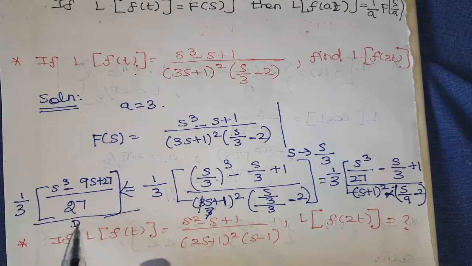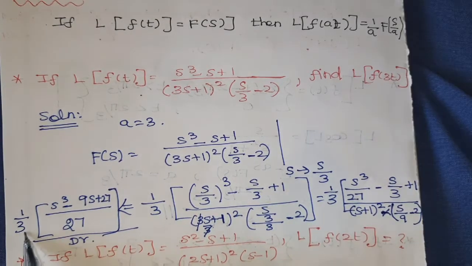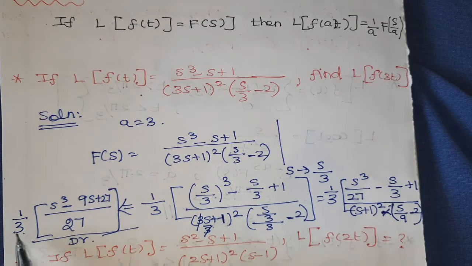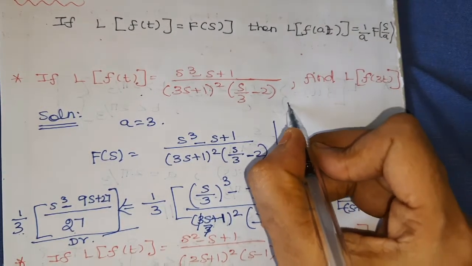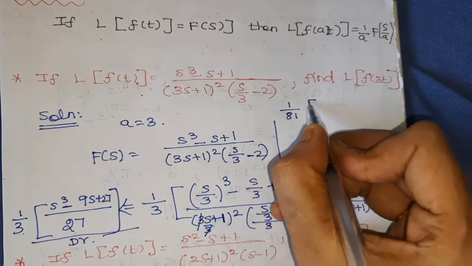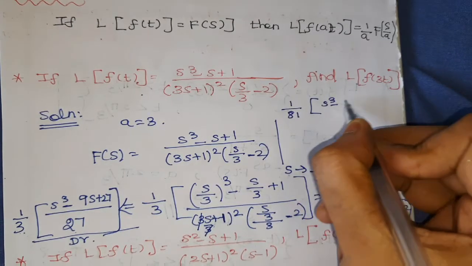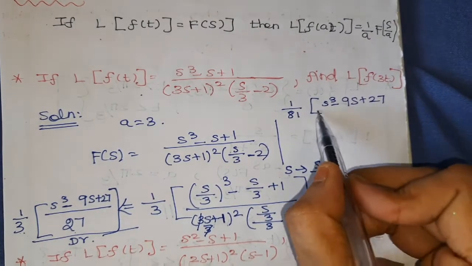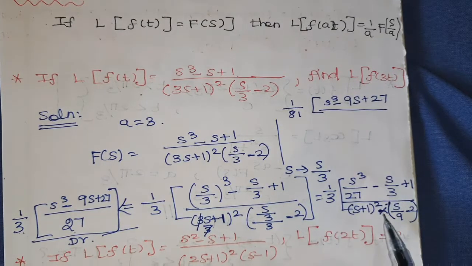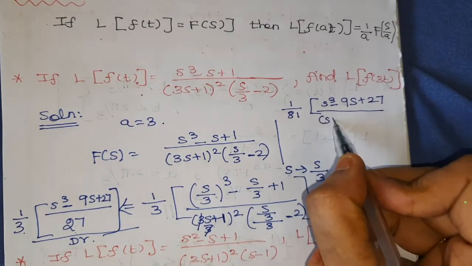I just simply write it as denominator. Here multiply 1/3, 3 times 27, what we get? 1/81 times (s³ − 9s + 27) divided by the denominator term (s + 1)².